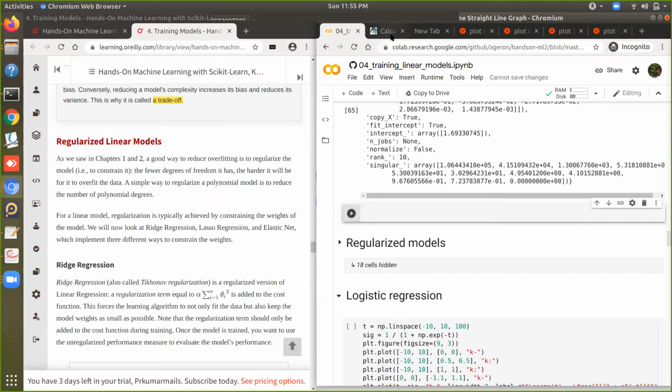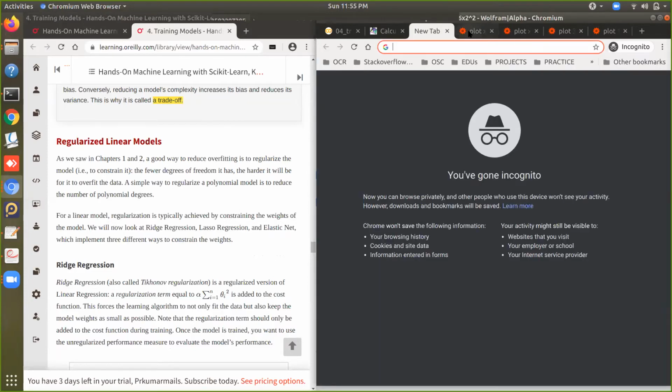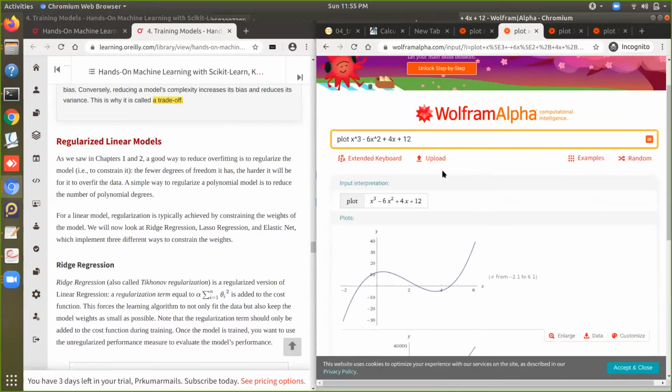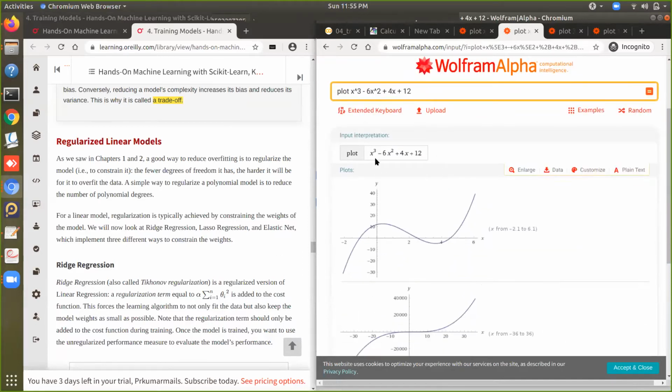So for this, let's see this plot. Here we are seeing a plot for x cube plus 6x square plus 4x plus 12.